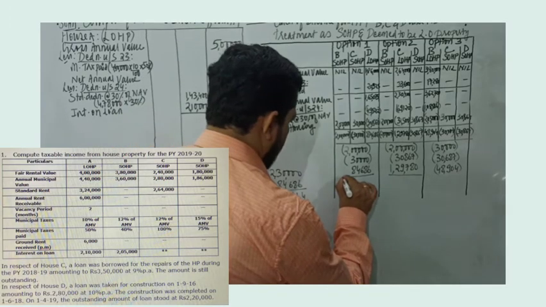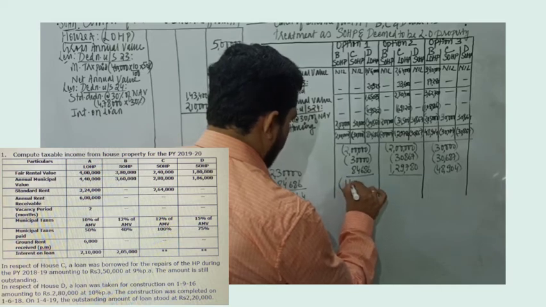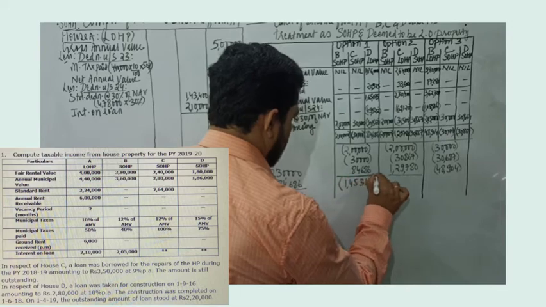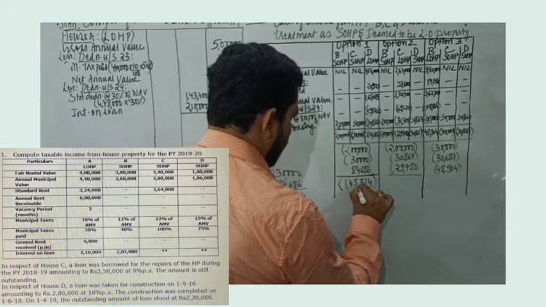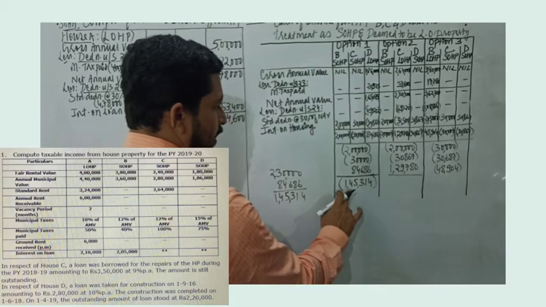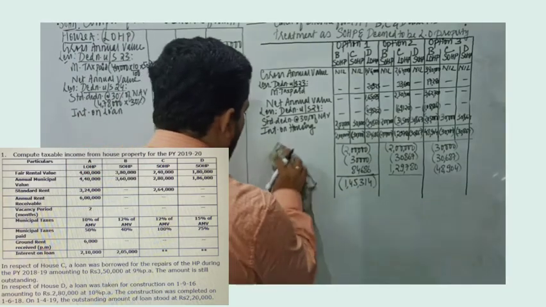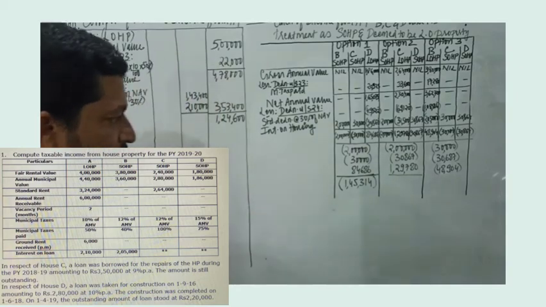So this would be minus 1,45,314. So the net income from house property is a negative value under option 1, 1,45,314. Let's move to option 2 and option 3 now.